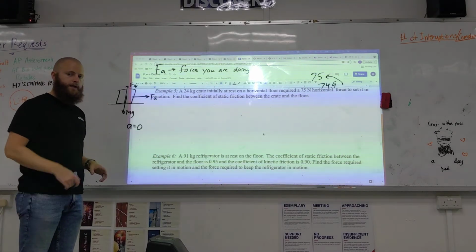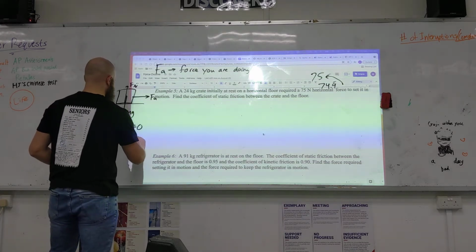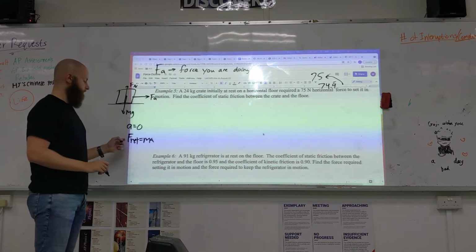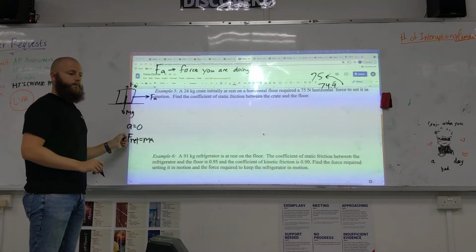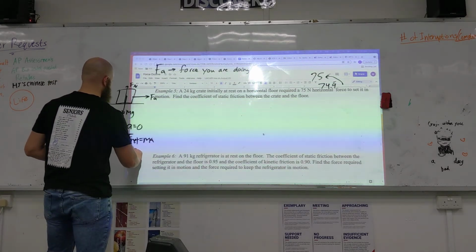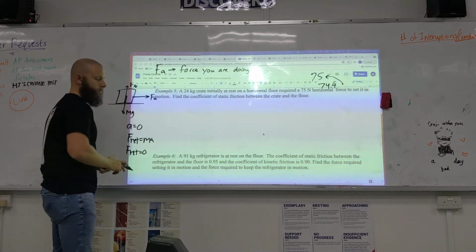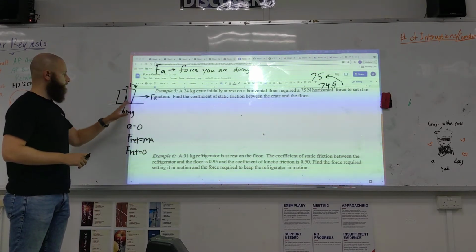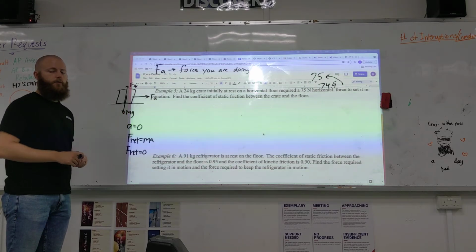Let's go back to Newton's second law: F net equals ma. If acceleration is 0, what's my F net? That's right, F net equals 0. That means all of my forces need to cancel out.